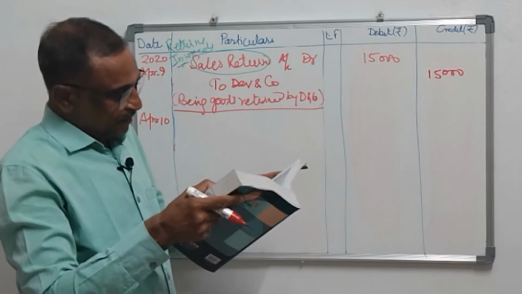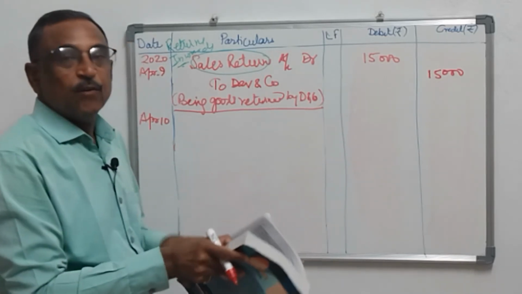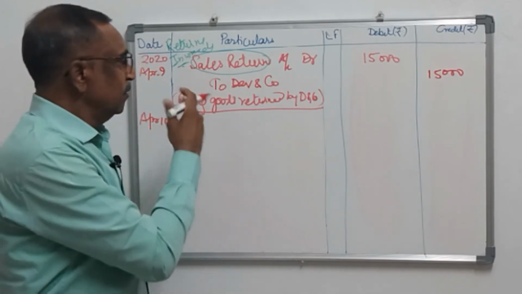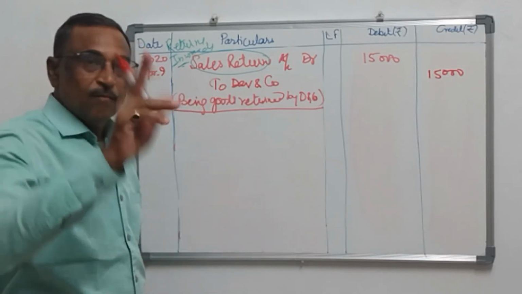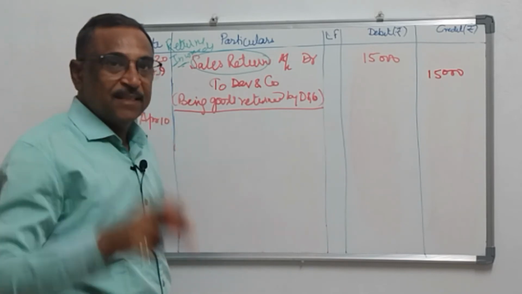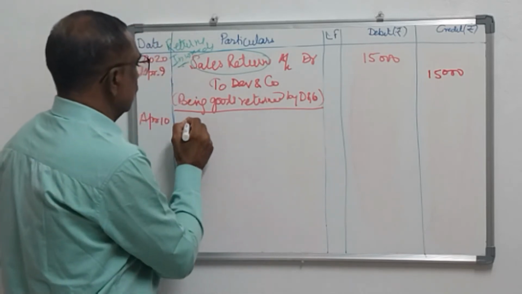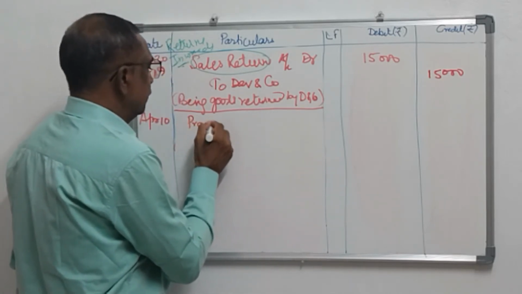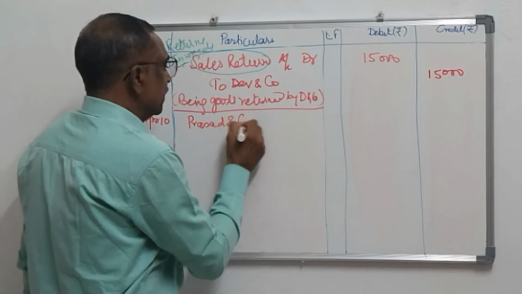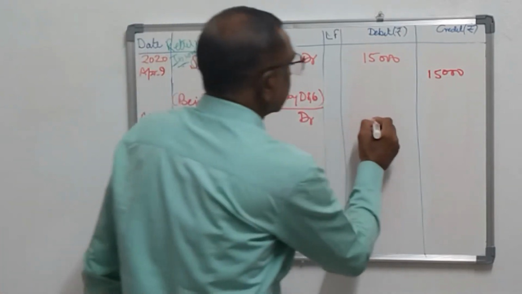You bought goods from Prasad and Company on 6th April and today is 10th April and you are returning the goods back to Prasad and Company. So one thing is sure, Prasad and Company is receiving. Prasad and Company is personal account, debit the receiver. So we are going to debit Prasad and Company for 8,000.